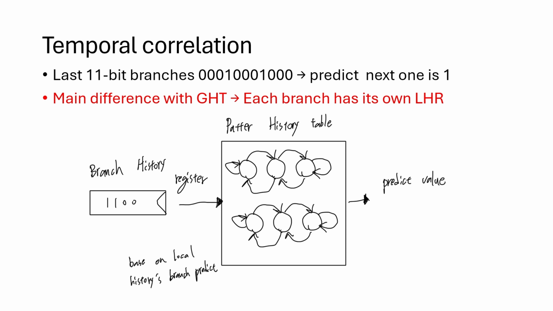So we can see the example: the last 11 branches are 0001, 0001, 000. So when we use the local predictor, obviously we can know the next one is 1. The main difference between the global predictor and the local predictor is that in the local predictor, each branch has its own local history register.